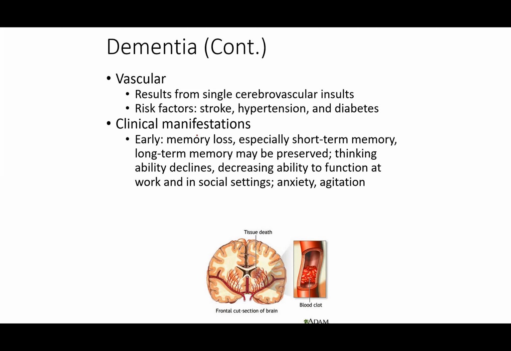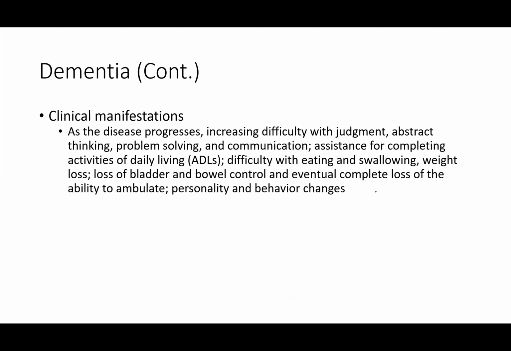Other things like memory loss, short and long-term memory, thinking ability. Okay, they're easily agitated. Okay, they can develop anxieties. Okay, difficulty thinking and abstracting certain things during problem solving.